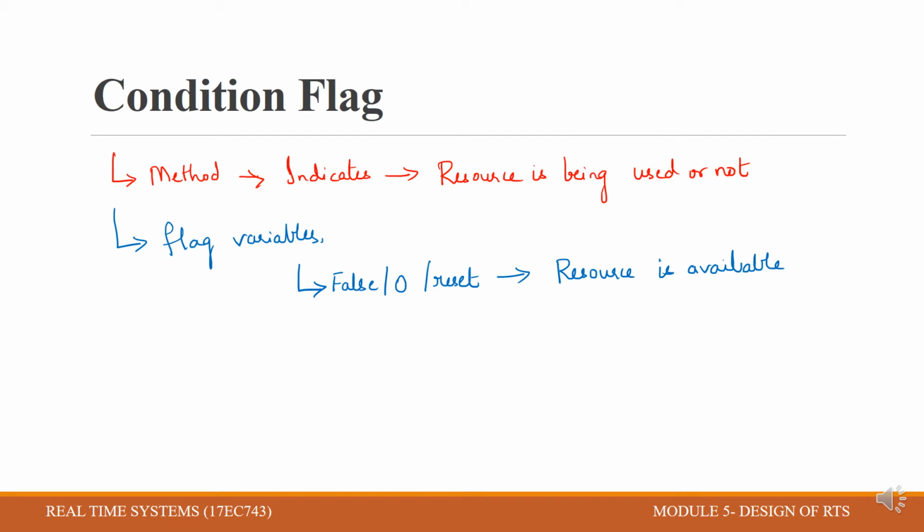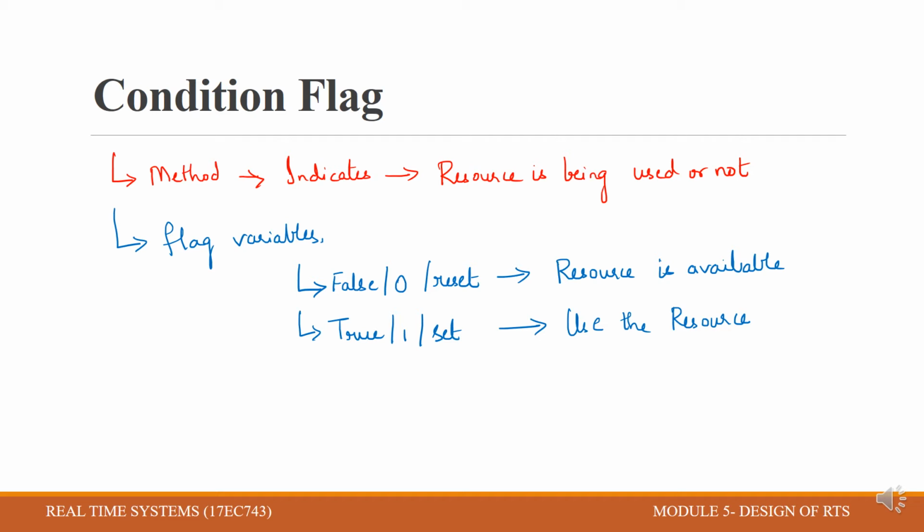If the value is true, 1 or set, it means that you can use the resource. So in simple words, we can say that it is a method which indicates whether a resource is being used or not.